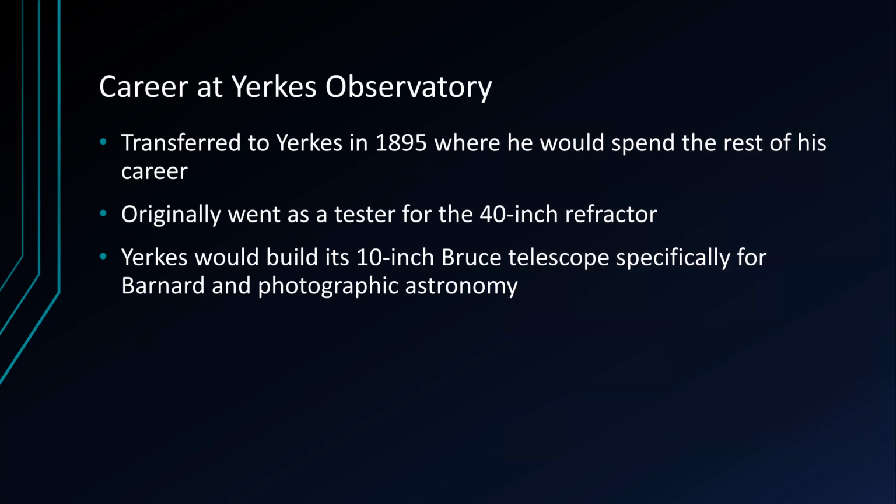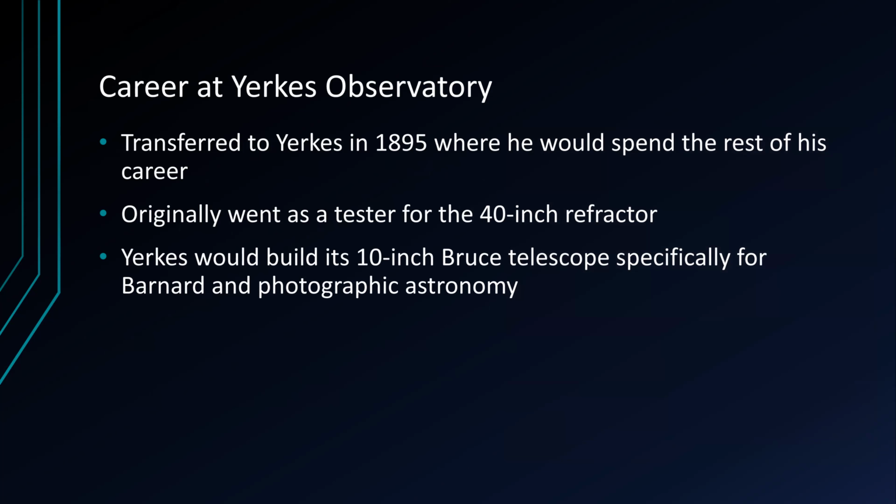So after getting over his spats with Ed Holden and finally getting some time on the 36-inch, about a year later, he was offered a job at the Yerkes Observatory in Chicago, which is where he would spend the rest of his time before he eventually succumbed to various illnesses.